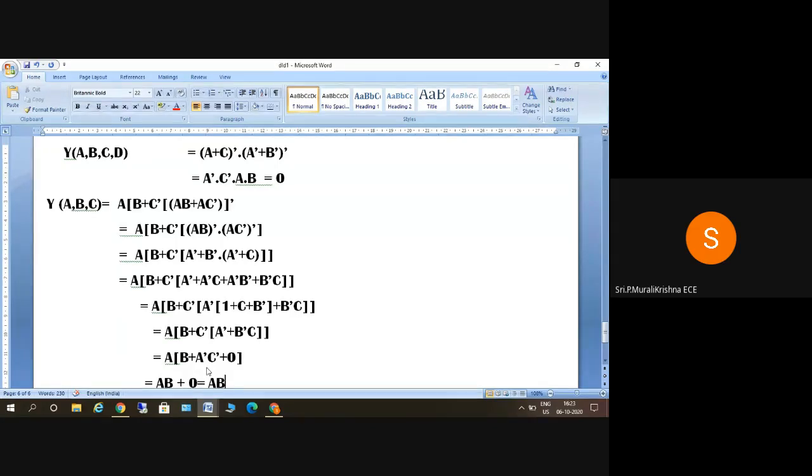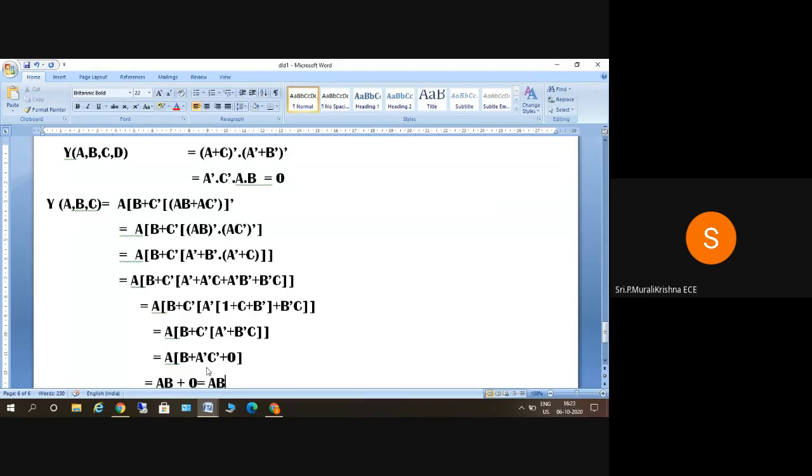A bar plus A bar plus 1 plus B plus A bar found this time.